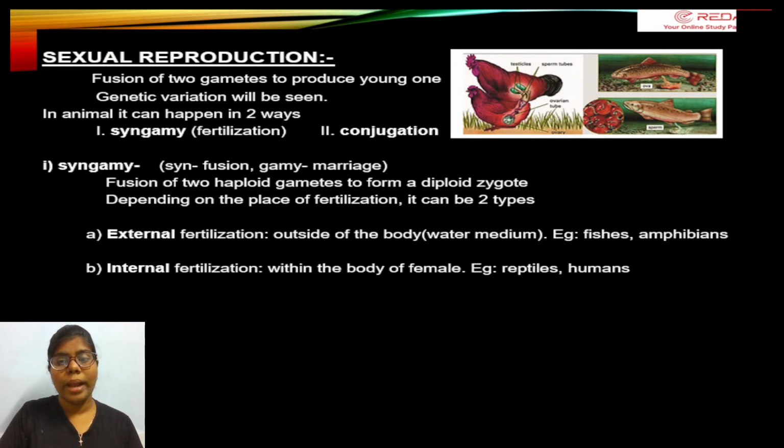So that is a fertilization occurring in the water medium. So water mediumla the fertilization is been happening, so it is called external fertilization. வெளிய body உள்ள நடக்கல, வெளியே நடக்குது, so it is external fertilization. Most of them will prefer a water medium. Water லதான் most of fertilization நடக்கணும்னு they will try. So that is external fertilization.